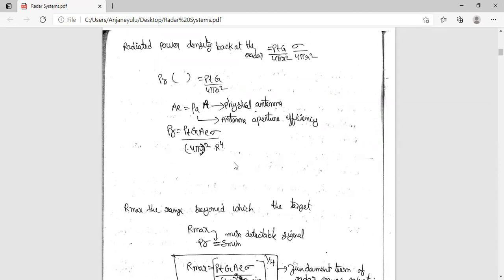We have to find that density also, so Pt into G into sigma by 4 pi R square is multiplied with the surface area 1 by 4 pi R square. Finally that equals Pt into G by 4 pi R square into sigma by 4 pi R square.